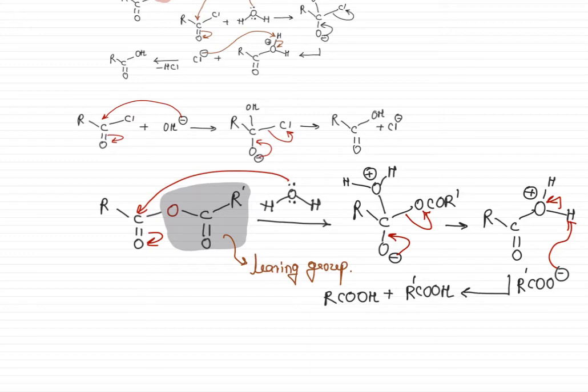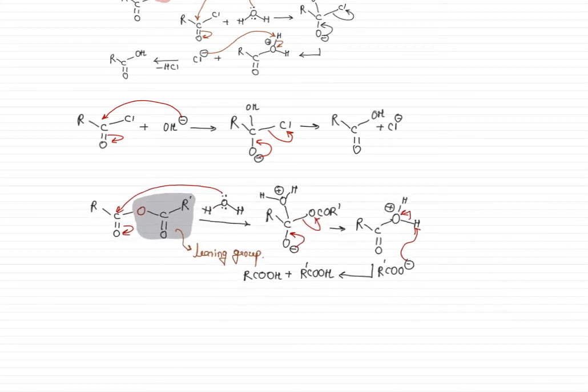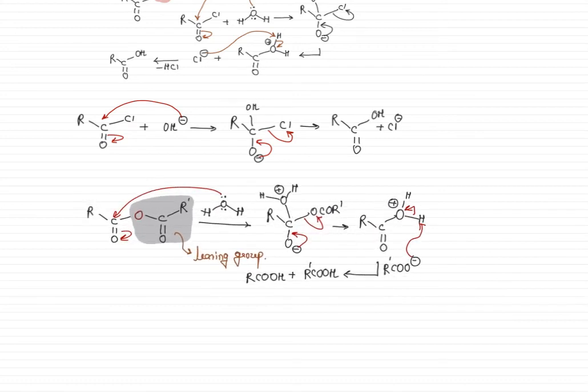Let me tell you one very important thing, that with anhydrides, the rate of reaction is slow, right? Which also proves that OCOR is not as good a leaving group as Cl minus. So rate of reaction is slow. If you take cold water for doing this reaction, the rate of reaction is less and slow.